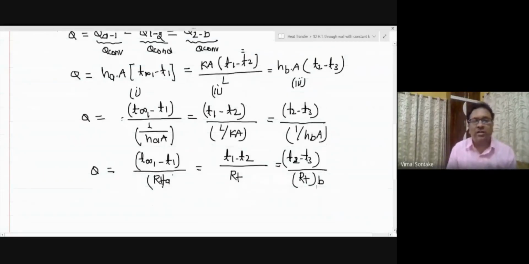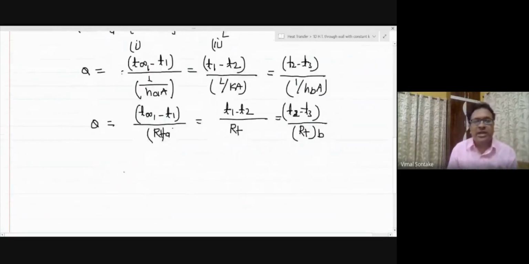Now what are R_TA, R_T and R_TB? These are nothing but the thermal resistances offered by the hot fluid, the plane slab, and the cold fluid respectively.